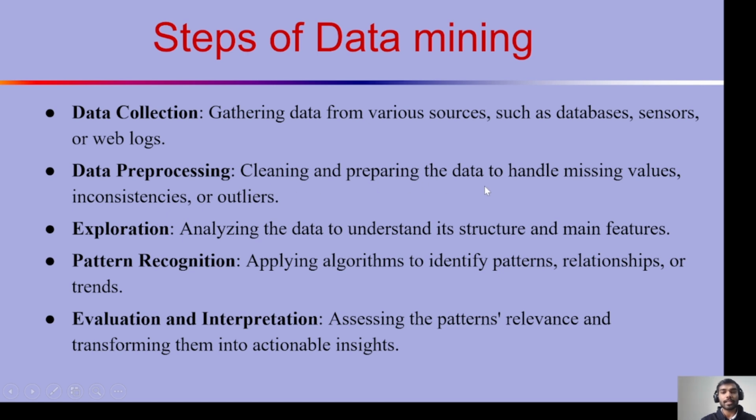After cleaning and preparing the data, they analyze it. Analysis comes in the exploration part, and after analyzing the data, they apply algorithms. There are several algorithms we will study further. After applying algorithms, they get pure and good insights, which they use for user purposes, for suggesting things to users.